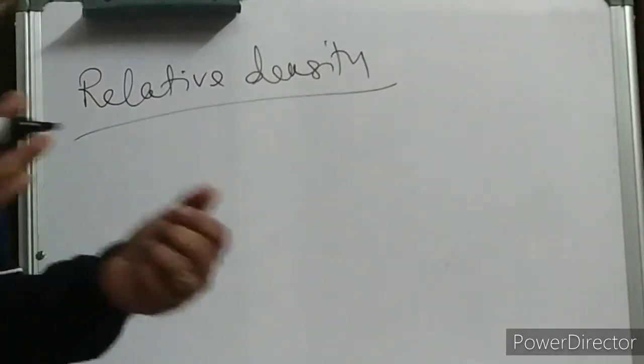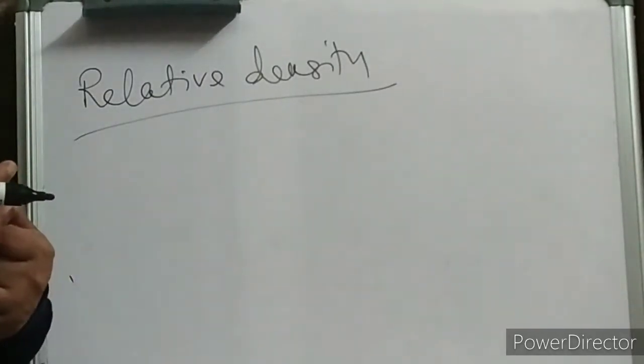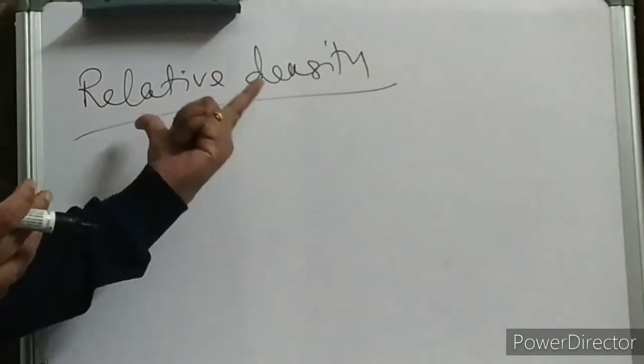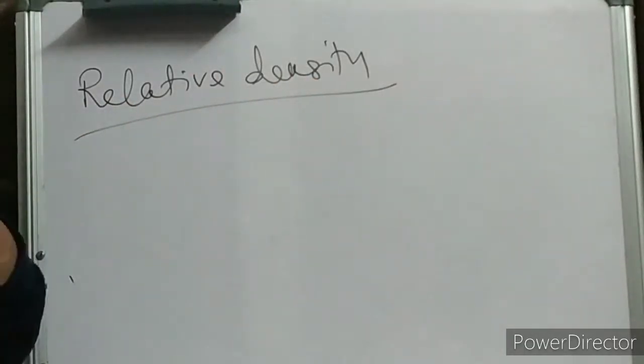So relative density means you are comparing densities. Suppose I tell you my height is more. Is it specific? Is it absolute? Who will decide whether my height is more or not? I have to compare with somebody. There has to be some reference point to compare my height.